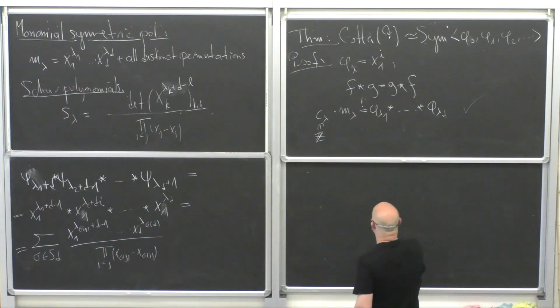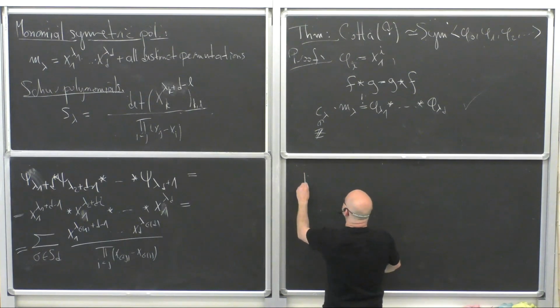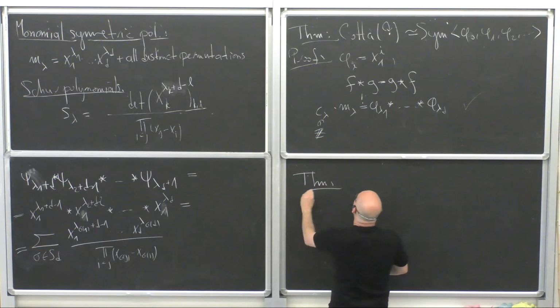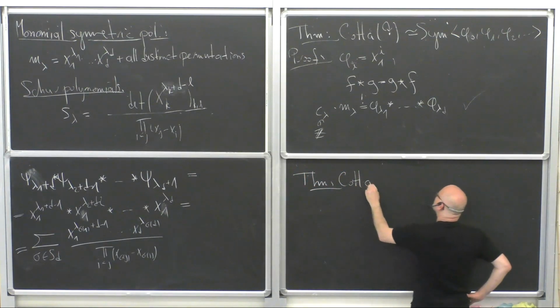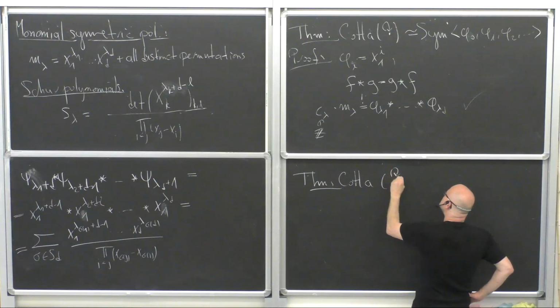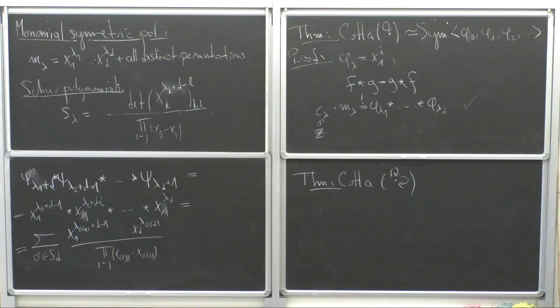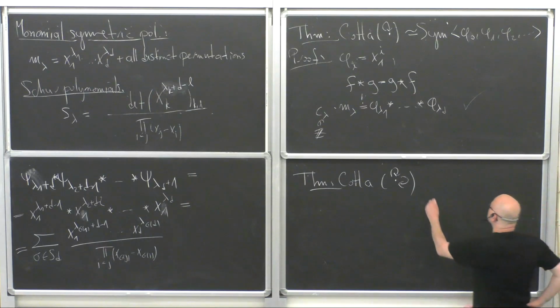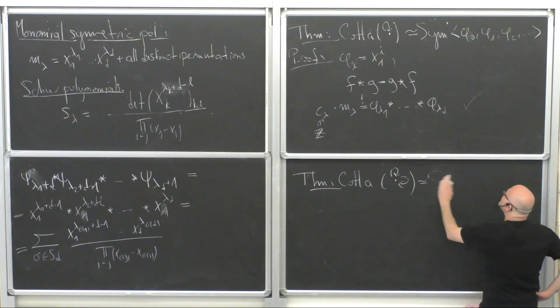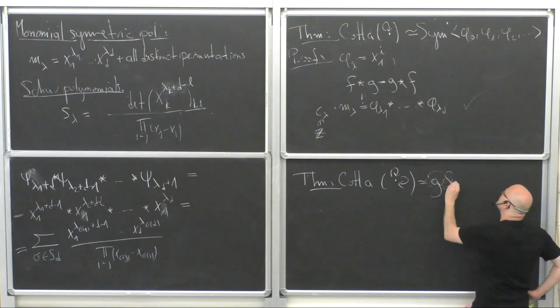But I just want to show you one theorem. What about the COHA of the 2-loop quiver? It's no longer generated in degree 1. It's still a symmetric algebra, or at least it's a supersymmetric algebra. It's a graded symmetric algebra.